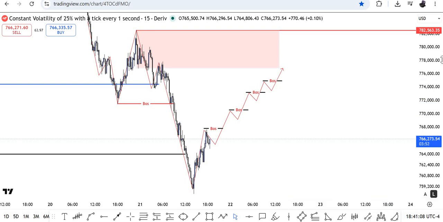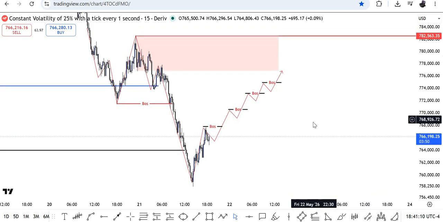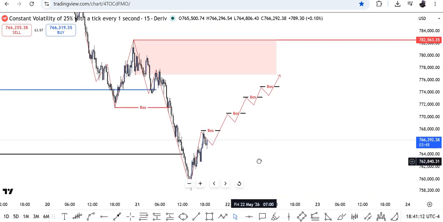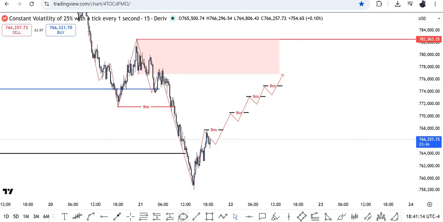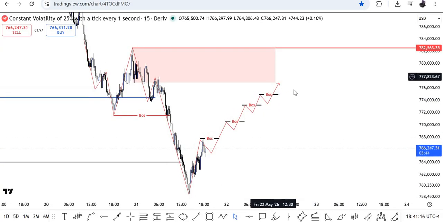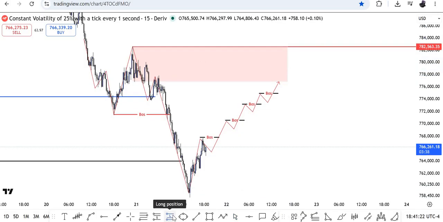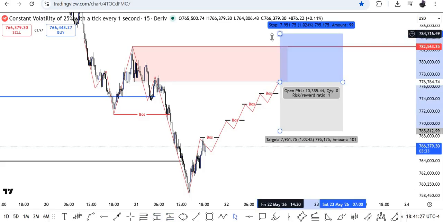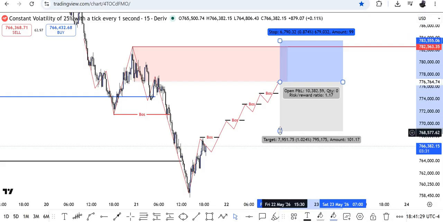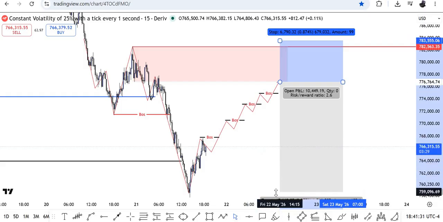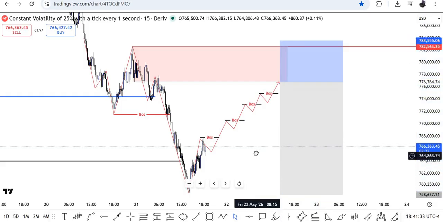And now when it comes down to the entry point, guys, this is extremely important because a lot of people see this and they say, whoa, price is now in the 1 hour supply zone, and then they put the sell order here, stop loss above the 1 hour zone, and then they put the take profit at that low.